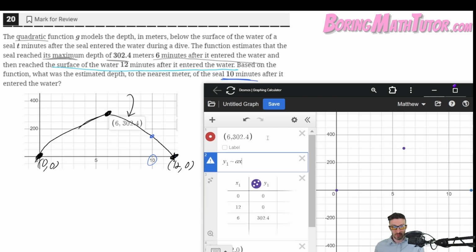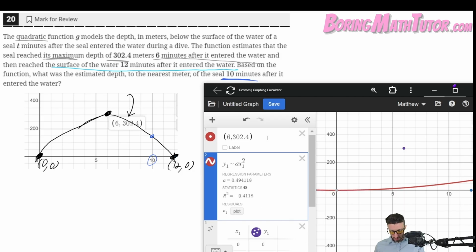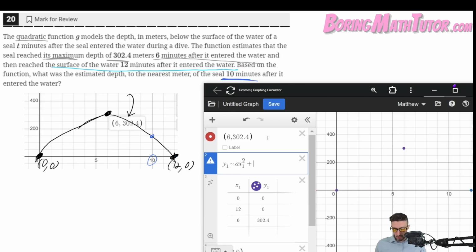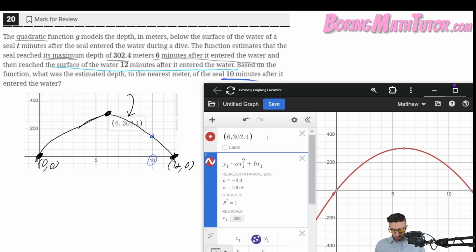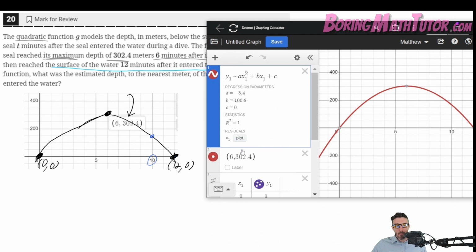A quadratic always looks like ax squared plus bx plus c, but we're using x1 instead because that's what we were using in our table over here. Okay, so now that we've typed it in, notice how it made the quadratic for me.